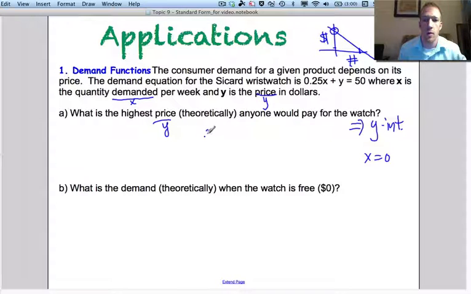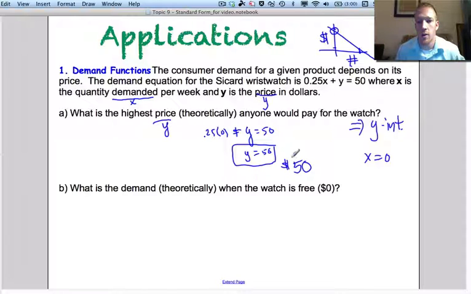We have 0.25 times 0 plus y equals 50, so y equals 50. So hypothetically, $50 is the highest price anybody would pay, according to our equation.